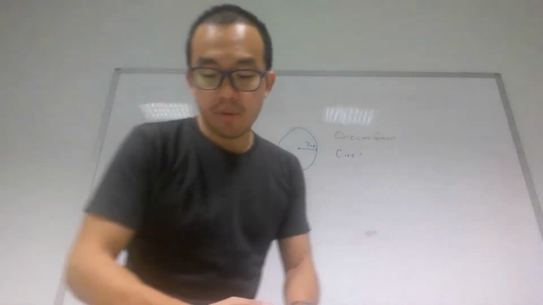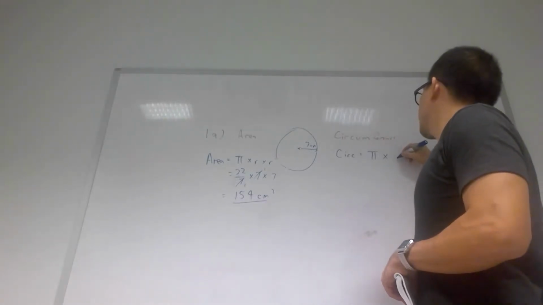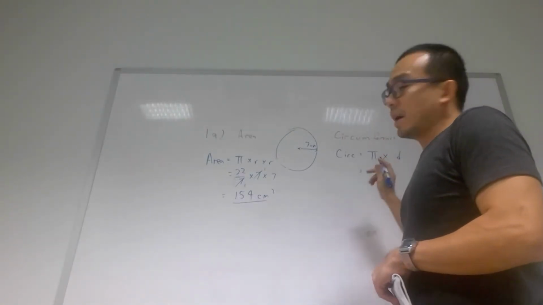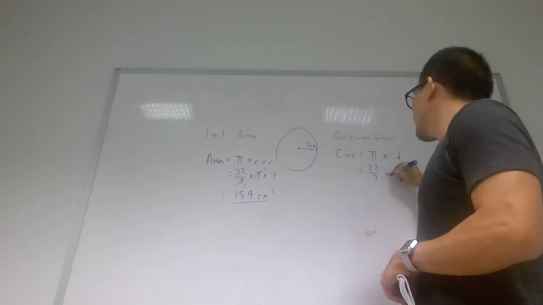Yes, sir. Okay, very good. Pi times d. Okay. And yes, Sam, carry on. What is the 22 over 7? What's the diameter? What's the diameter, Sam?